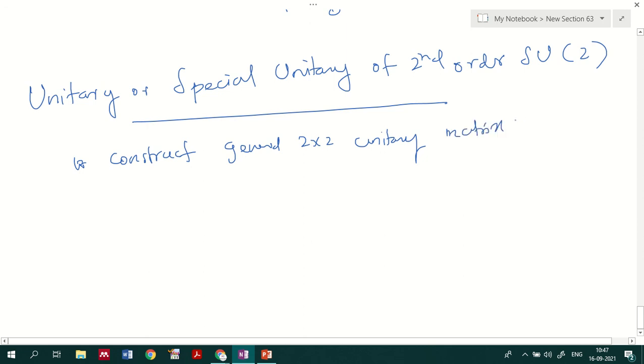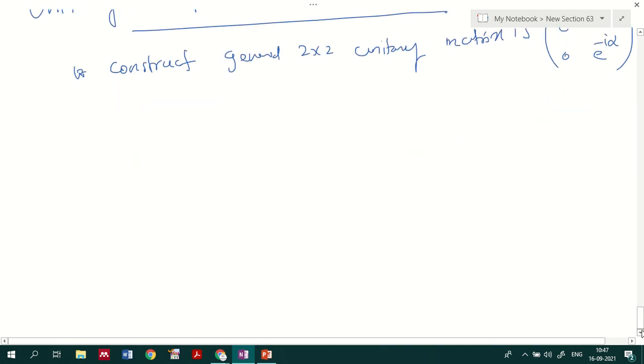Which is the matrix e raised to i alpha, 0, 0, e raised to minus i alpha, where alpha is an angle corresponding to the angle of rotation.